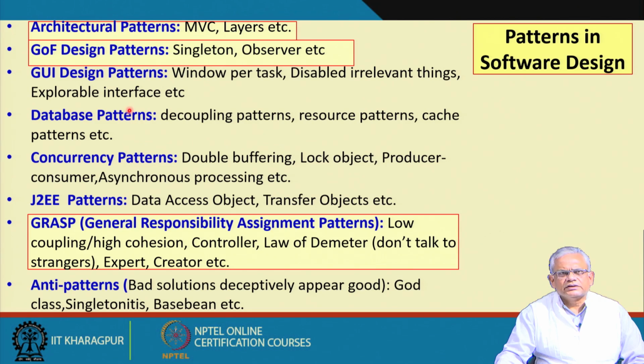Similarly, for GUI development, you need the GUI patterns. But these patterns which we are going to discuss, the GRASP pattern, GOF pattern and the MVC pattern, have wide applicability across different verticals.